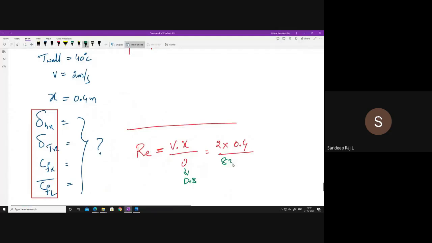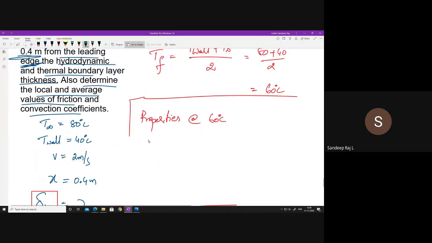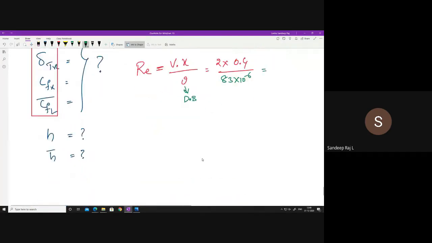Substitute that value here. You will get the Reynolds number value. Tell me what is the Reynolds number value? 9638.55.